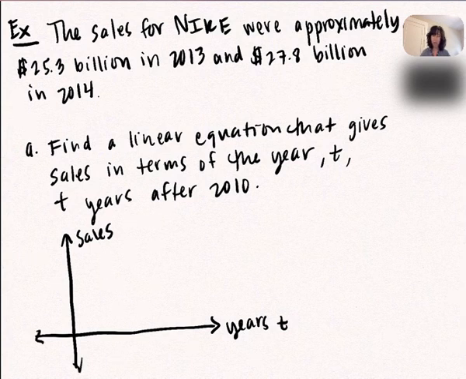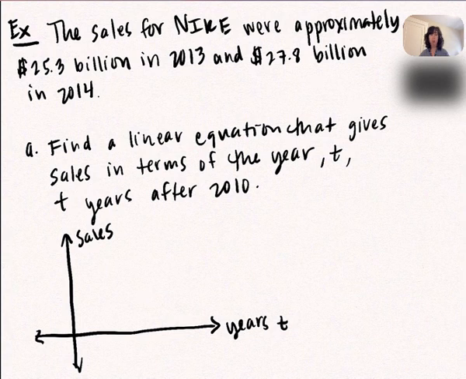How do I know that? Because we want to have sales in terms of t, which means sales is dependent on time in years. So I always start out by drawing an x and y axis and labeling them according to what we want in terms of the other variable.